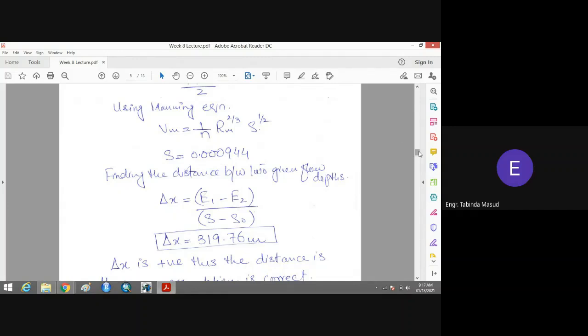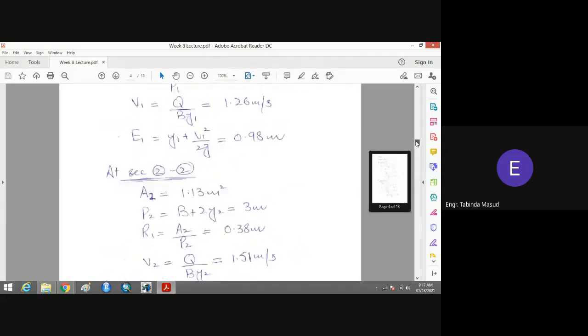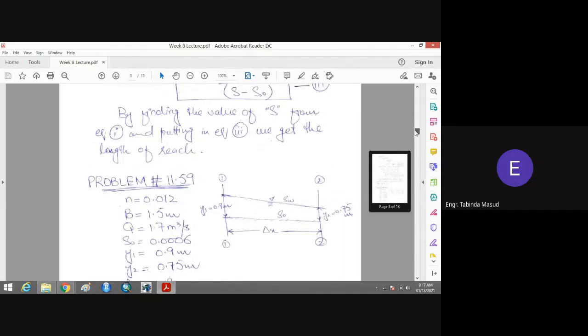Okay, so there are some conclusions at this point. Number one, you can see that the depth of the flow is 0.9 meter and 0.75 meter. The difference between these two depths of the flow is only 0.15 meter, a very small difference. And what is the horizontal distance we found?